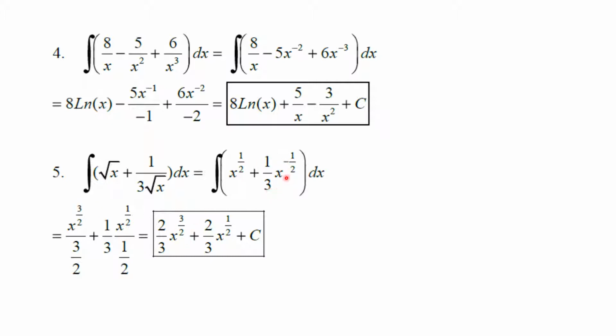Same goes for here. x to the power of negative half plus 1 will give you x to the power of half. And the 1 over 3 is a constant. We leave the constant in front here. Add the index with a 1, which will result in half, and bring the half to the bottom. Divide by n plus 1. So when 1 over 3 and 1 over 2 are combined, the resultant will be 2 over 3 x to the power of half. And of course, don't forget to add the c again.